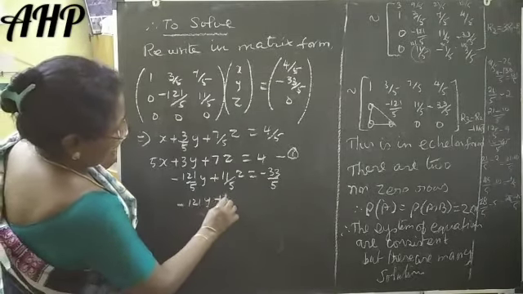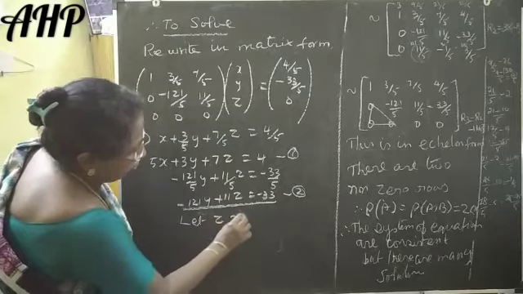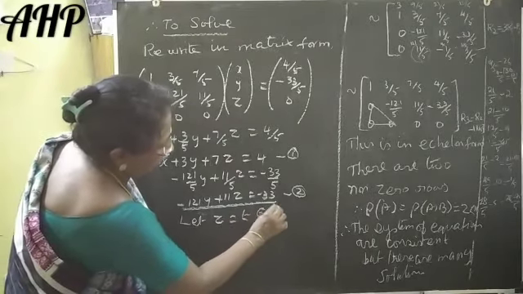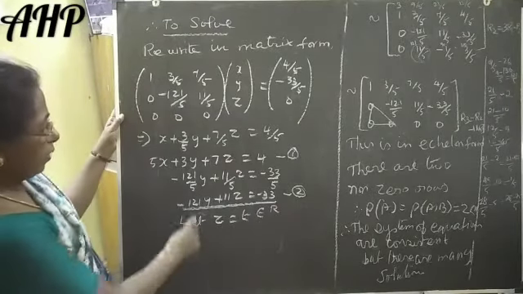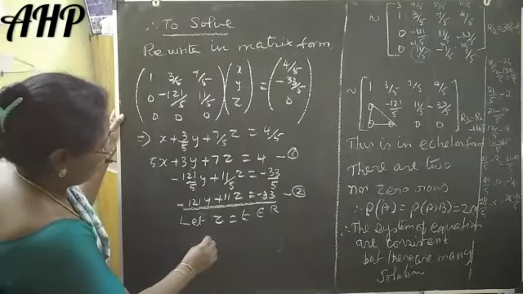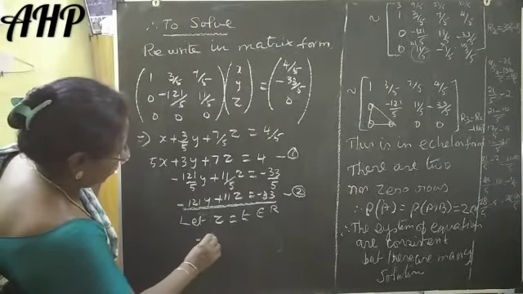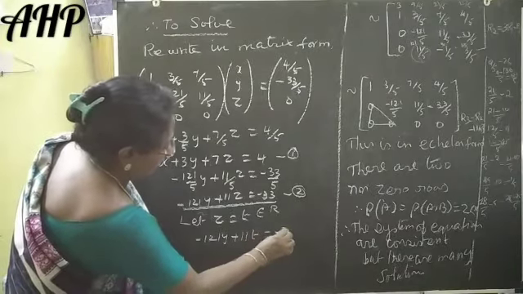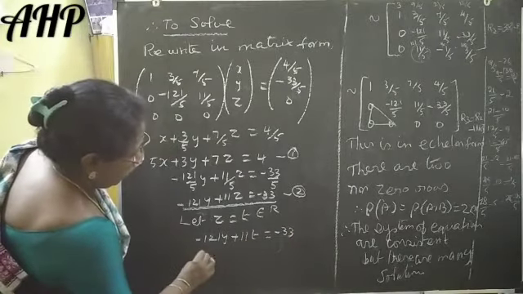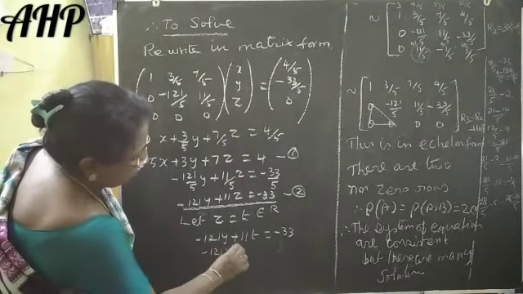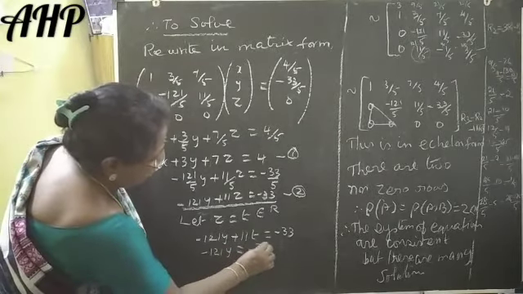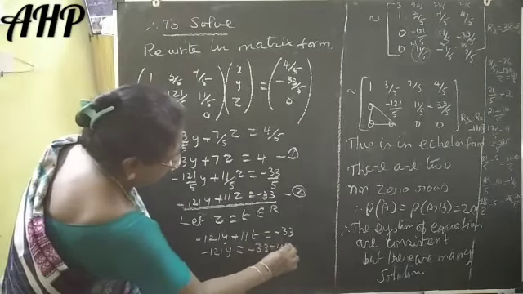Hence, let z is equal to some t belonging to R, the set of real numbers. Therefore, we are going to get minus 121y plus 11t is equal to minus 33. So, minus 121y is equal to minus 33 minus 11t.